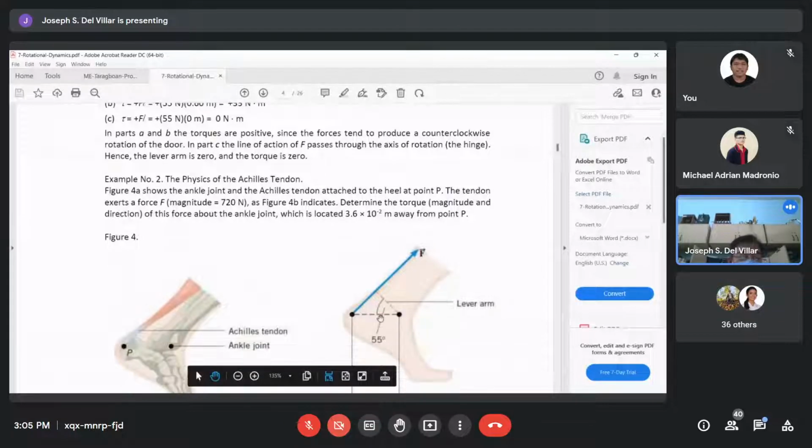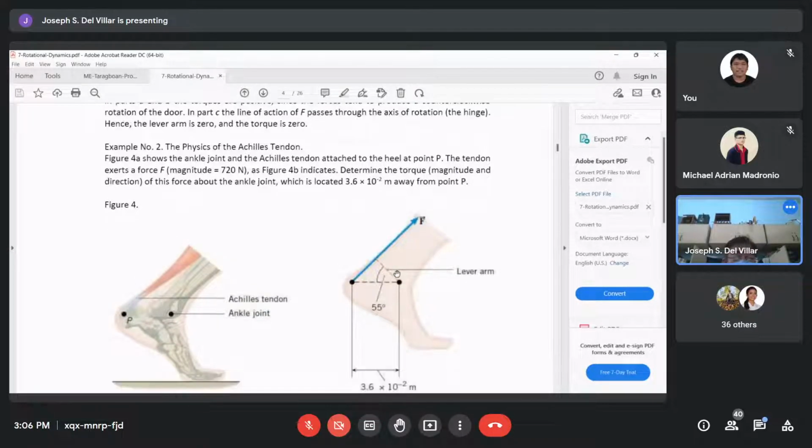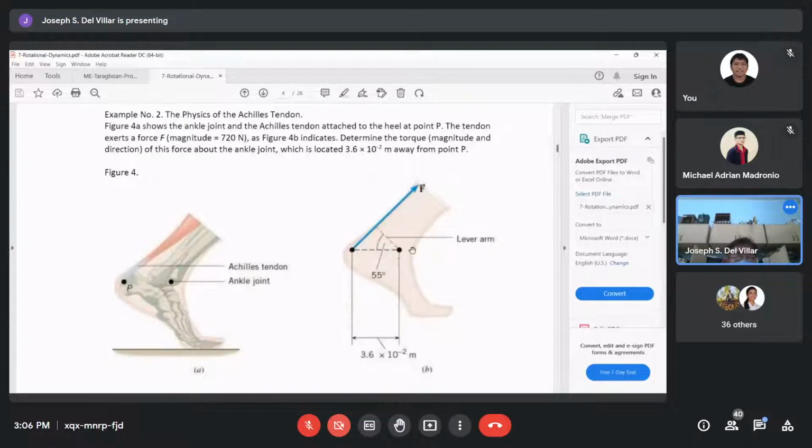Okay, let's have the physics of the Achilles tendon. Okay, figure A of this problem shows the ankle joint. Okay, yung ankle joint and the Achilles tendon. Itong nasa back, sa likod ng paa.